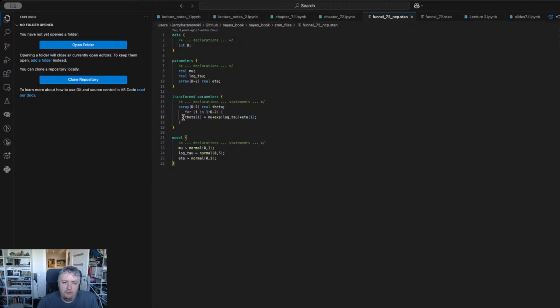However, we can convert it using a mathematical formulation from normal 0, 1 into normal with mean mu by adding mu and multiplying it by the standard deviation, exponent of log tau.